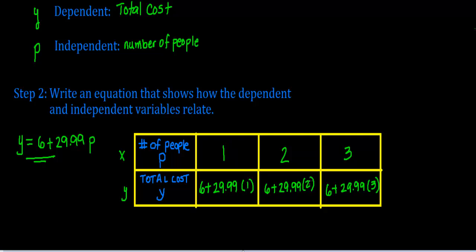So this tells you, just looking at this expression in this row, that y is equal to 6 plus $29.99 times 1, 2, 3 or 4 or 5 or 6 or 8 or 10 or 1,000 people, which we represent with the variable p. And there is your equation. So two ways to find this equation. I hope this helps. If it doesn't, just try and write it directly like we did there.